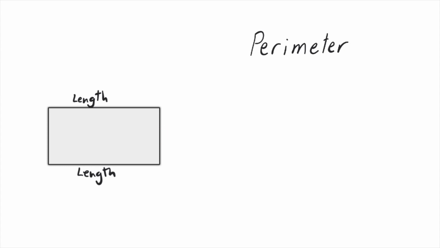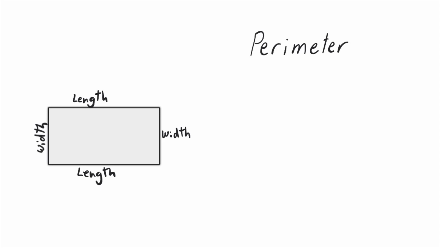It's not going to be length, because remember in math, same symbol means same value. And this side is not the same value. It is going to be different. So we need to give this one a different name. So we're actually going to name this one the width. And it is equal to this one here, so we are going to call this one also the width.